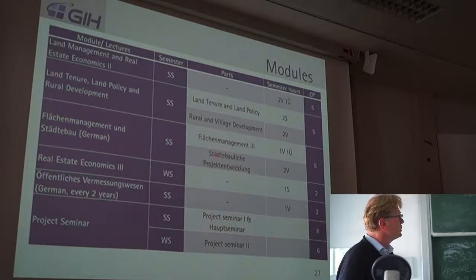Especially the international view is implemented in the land tenure and land policy topic. I already talked about that. We have a wide range of international topics there, and also in rural and village development.